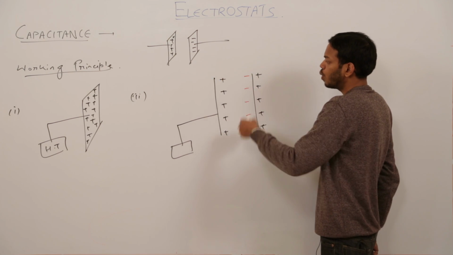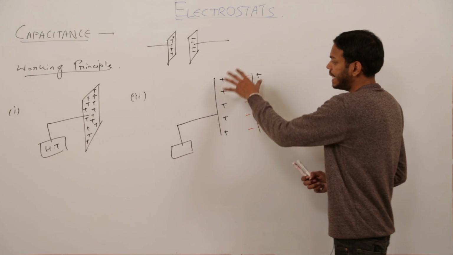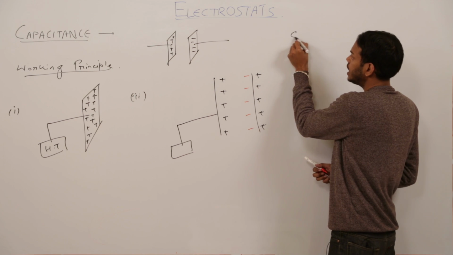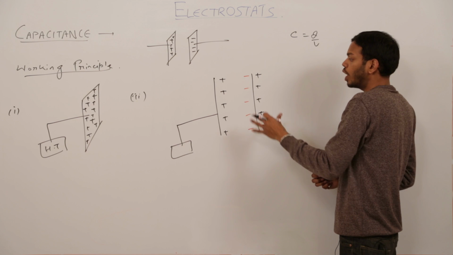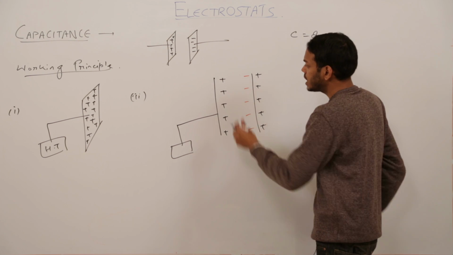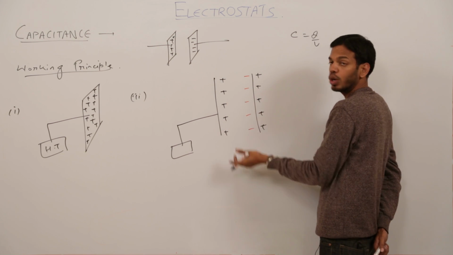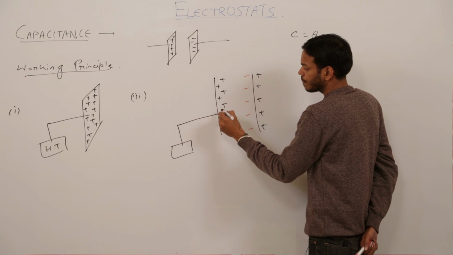Due to the presence of both positive and negative charge within the system, the overall capacitance increases. How? C was equal to Q upon V. Overall potential decreased, due to which capacitance increased. Capacitance increased, that means this plate can accommodate more positive charge and hence more negative charge can be induced on the second plate. So this is what happens.